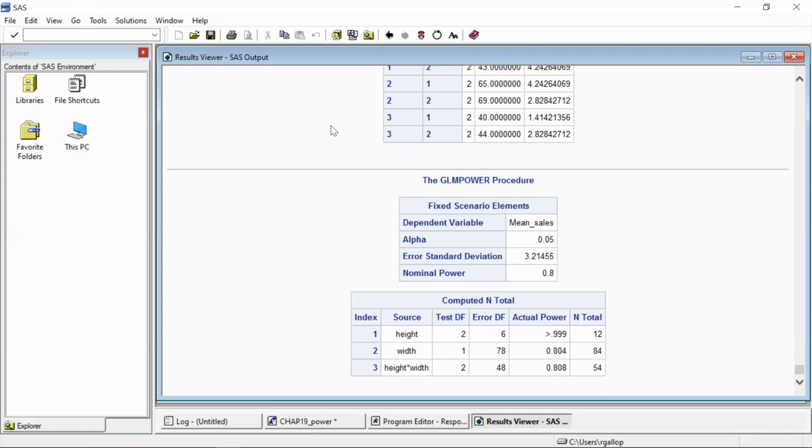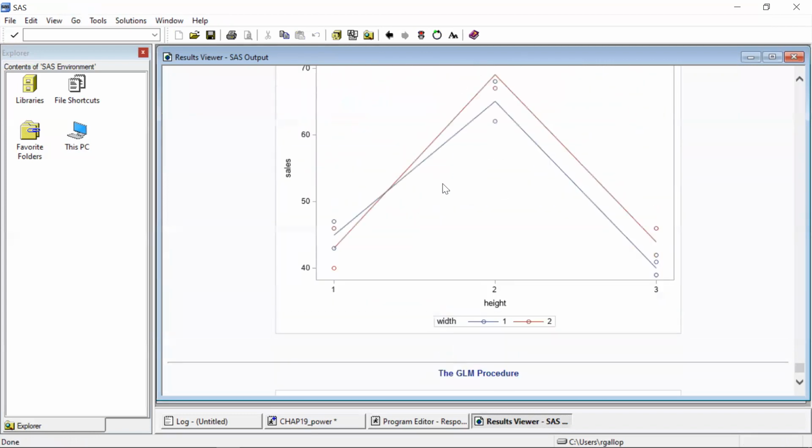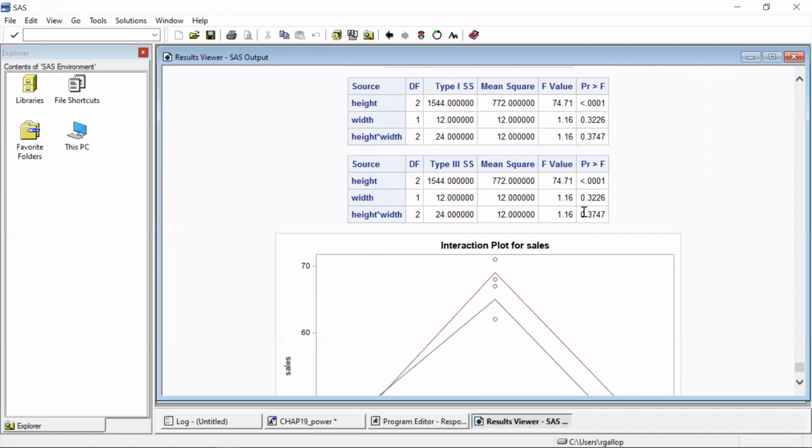So remember, these are 6 cells. So the 54 divided by the 6 cells means I need 9 observations per cell to yield a significant interaction.